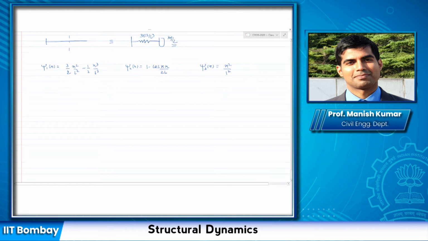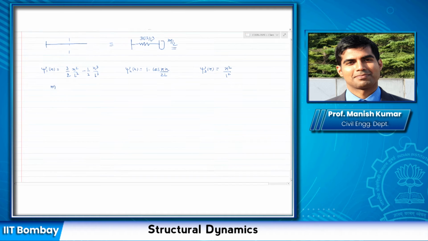The first thing to find out when you are using a shape function is whether it is satisfying the displacement boundary condition or not. And we discussed in the last class that all three functions are indeed satisfying the boundary condition. So using this, and assuming that mass per unit length is m, or let us say total mass is M, which is mass per unit length times L. Flexural rigidity is EI, which is constant.